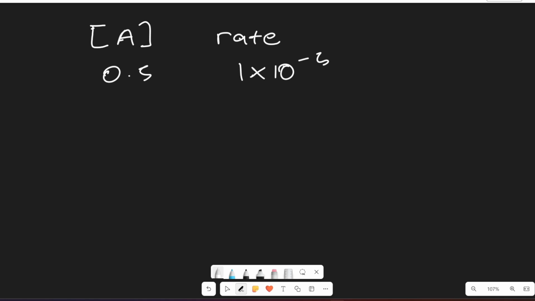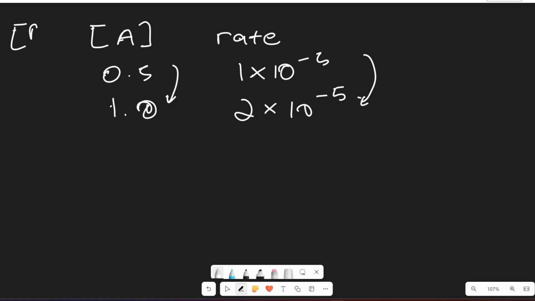And let's say A doubles, so A goes to 1, and then our rate also doubles. So 2 times 10 to the negative fifth. Well, that essentially means that now A is first order, because we've doubled here, and then we've also doubled here. And one important thing to note, this is all while our other reactant here is staying constant.